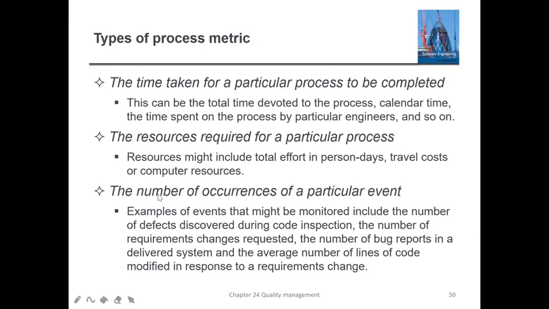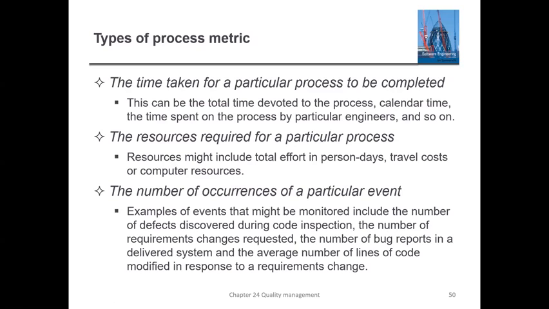Now the next one is the number of occurrences of a particular event, how many times the particular event is occurring. That particular event can be monitored by any coder, like those doing code inspections, or it can be how many times the requirements have been changed by the customers, or how many times bug reports have led to changes.